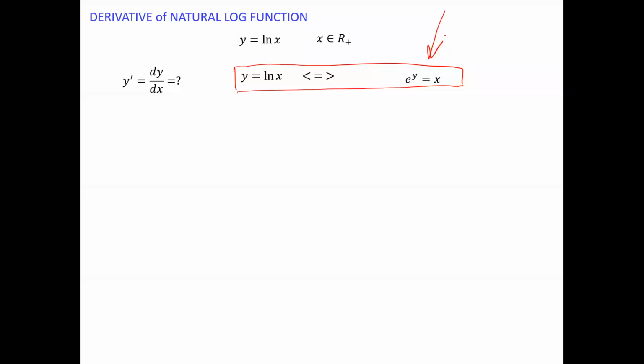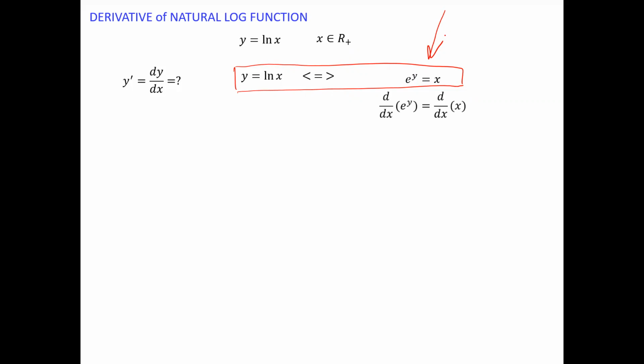But what we can do, we can take this function and change the form to the exponential one. e to the y equals x. We remember the definition of the logarithm or the definition of the exponent. Now, looking at this equation, e to the y equals x, we may realize that this is a formula for the function y, but in implicit form.